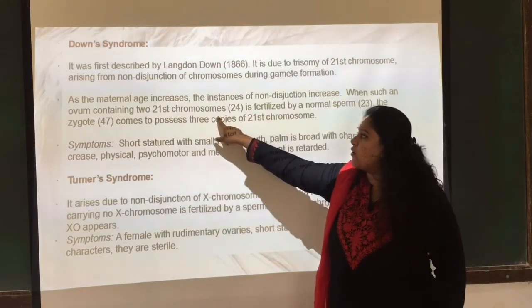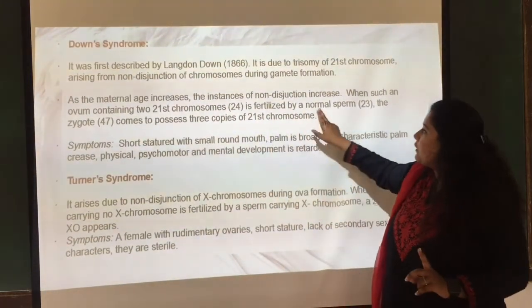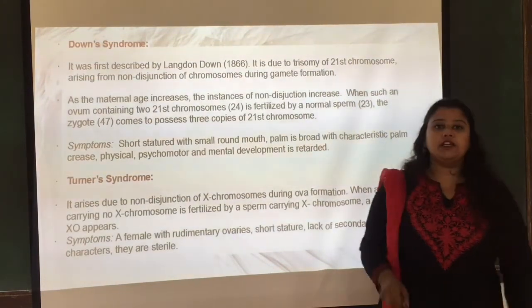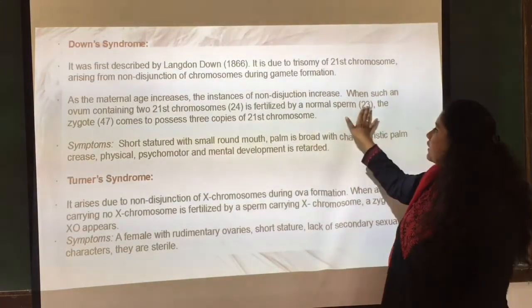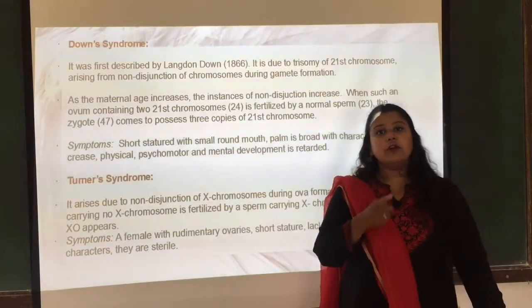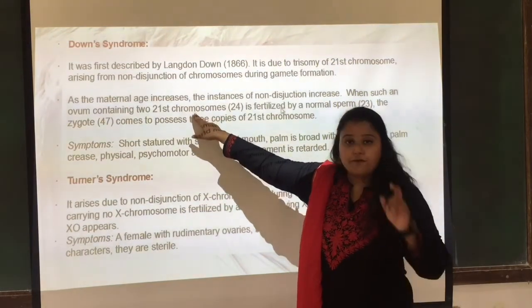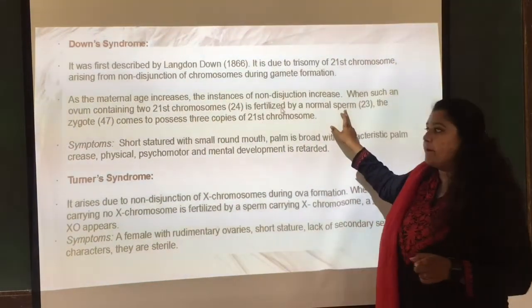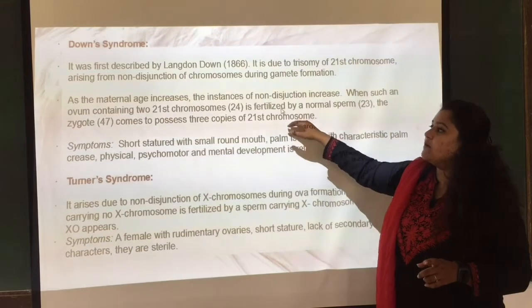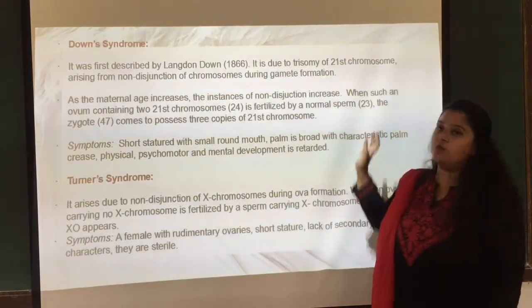This particular ovum which is containing 24 chromosomes, right, is fertilized with the sperm that is containing 23, right? So 23 plus 24, that comes to 47. So the zygote is going to have 2 chromosomes of 21st from female and 1 from the male, right? So this forms the 3 copies of the 21st chromosome, and that is said to be the trisomy, right?